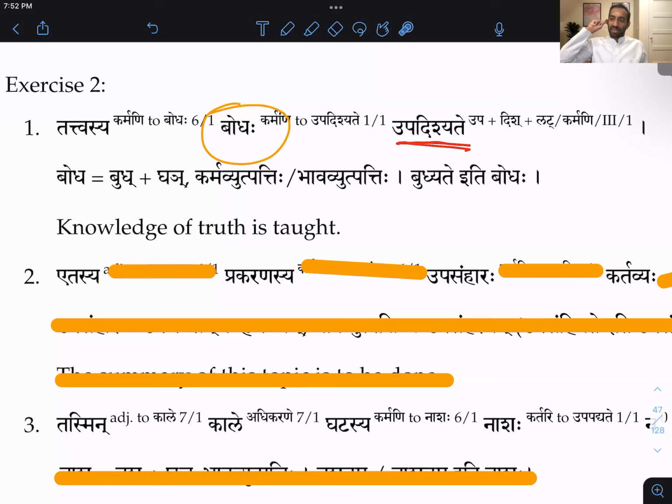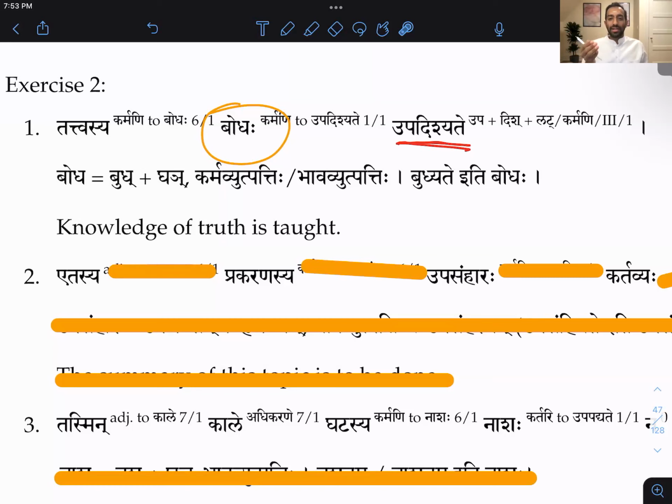Another example that's coming to my head is the operation. The operation concludes my medical journey. Operation is a bhava vyutpatti word, right? To operate. The operation concludes my medical journey.